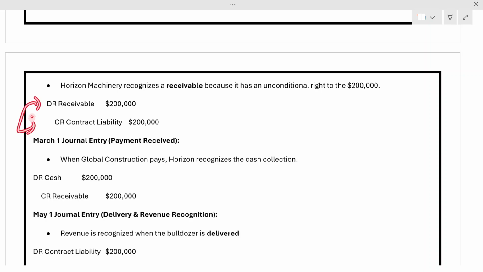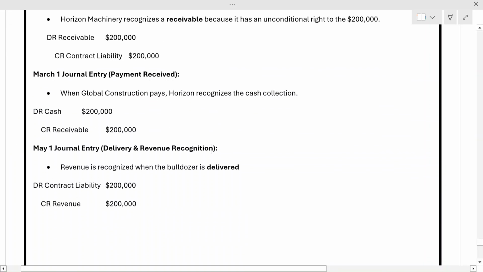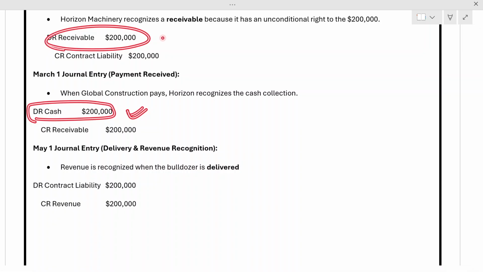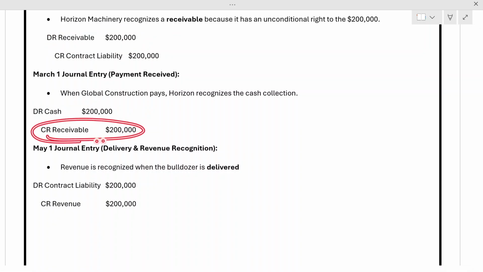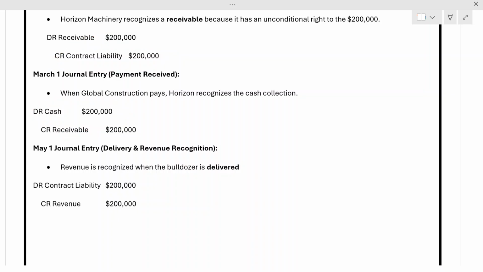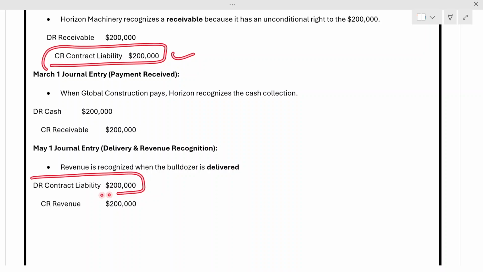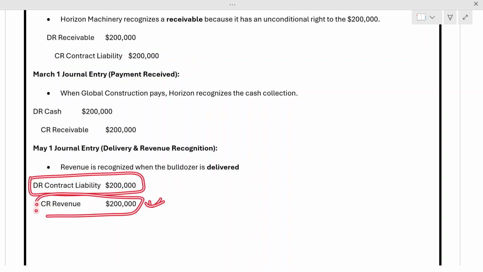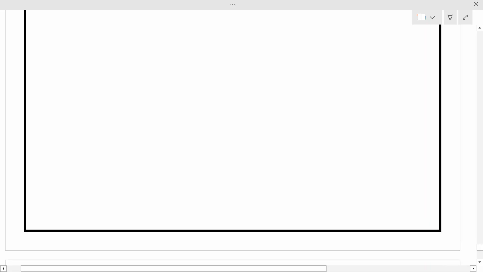On the same day, 1st March, Global pays Horizon. So Horizon will debit cash because money is received, and the receivable is cancelled, so they will credit the receivables. Effectively these get cancelled, and the cash is still there, and Horizon's liability to deliver the goods still exists. On 1st May, what will happen? The liability which has been credited will get debited, and finally the revenue will be recognized by crediting revenue. So this is the way through which contract liabilities can be recognized and understood.